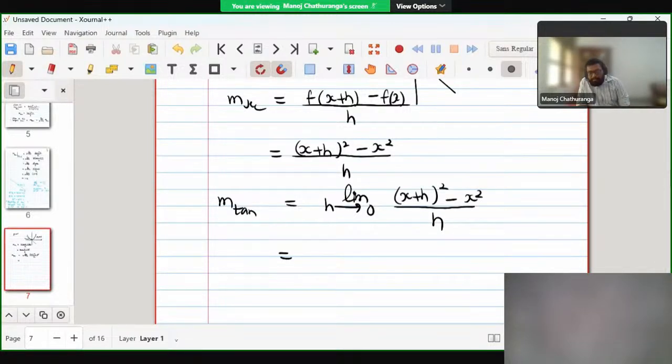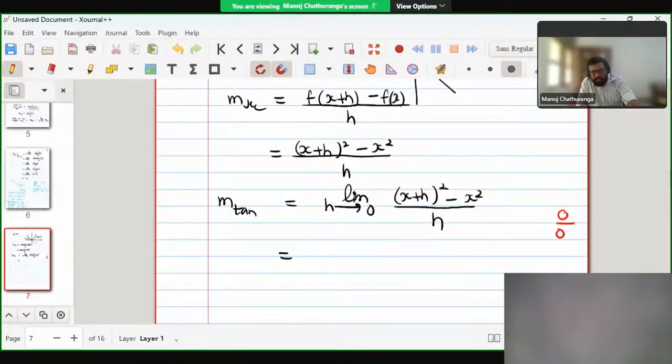First step is again set h equals 0, and what happens? When you set h equals 0, you get x plus 0 square minus x square, so that is 0. Again, in the numerator, it is 0. So, something meaningless. Some undefined expression.